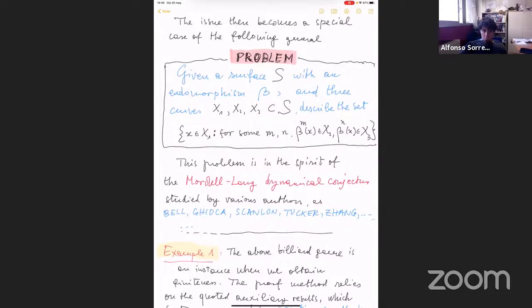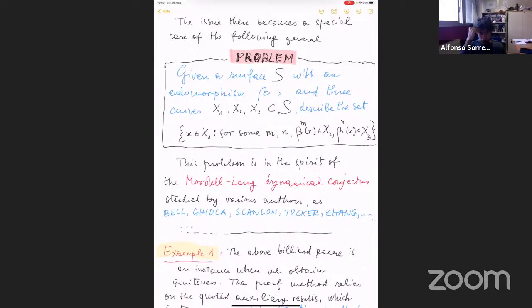Given a surface, suppose we have a real surface, an algebraic surface, or generally a surface with an endomorphism, beta. And then we have three curves on the surface. And we are interested in the set of points in the first curve, such that for some iterate of the endomorphism, the point goes to the second curve and then on the third.